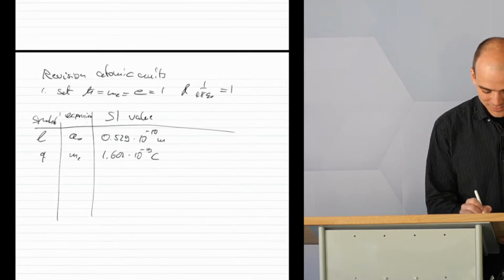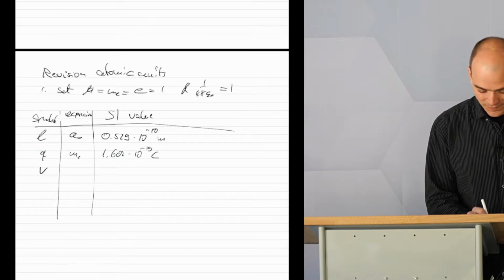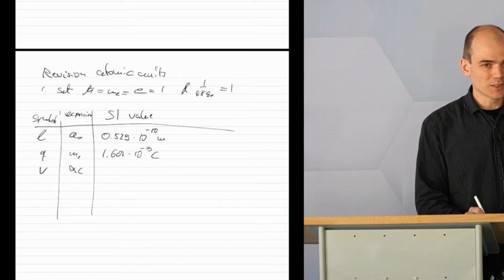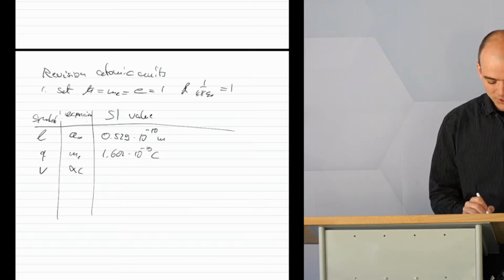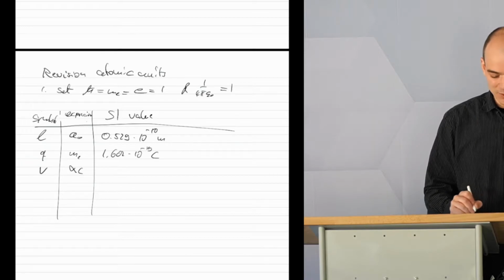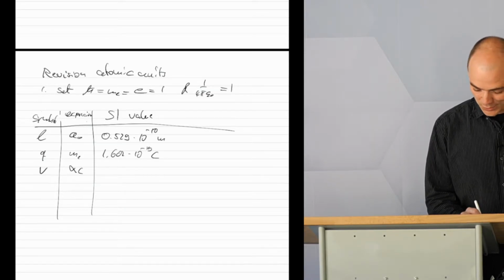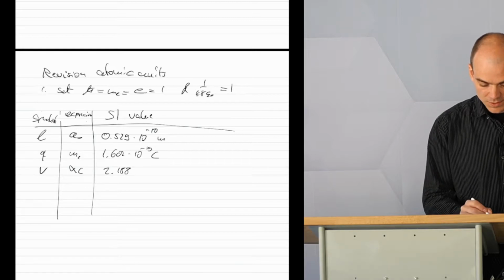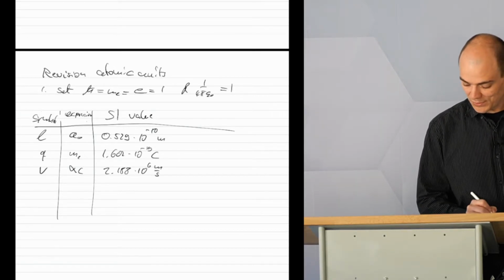So the velocity unit would be alpha c, and c has the value of 137, the reverse of alpha. And this would correspond to 2.188 times 10 to the 6 meters per second.